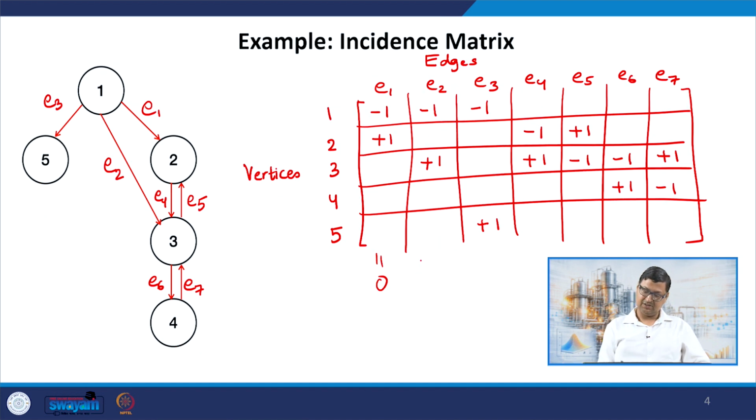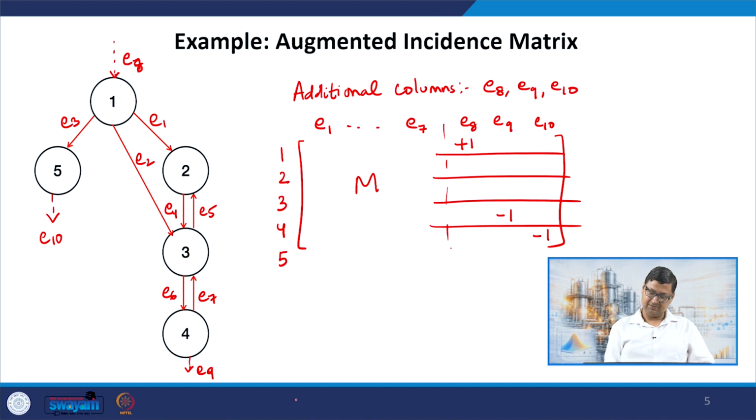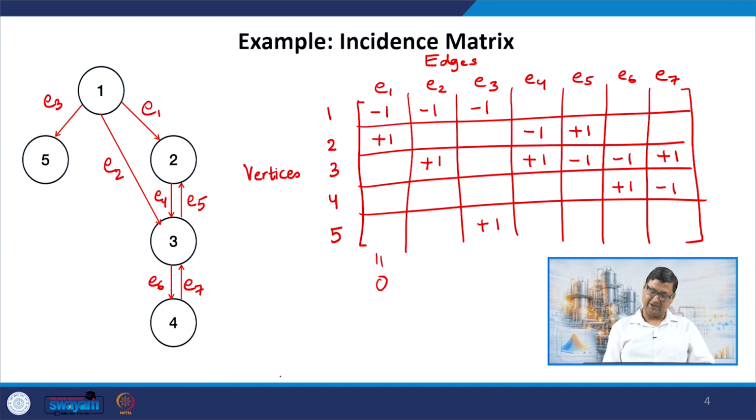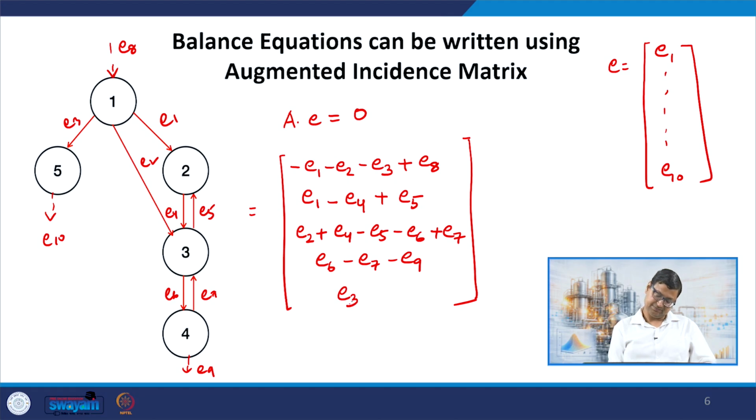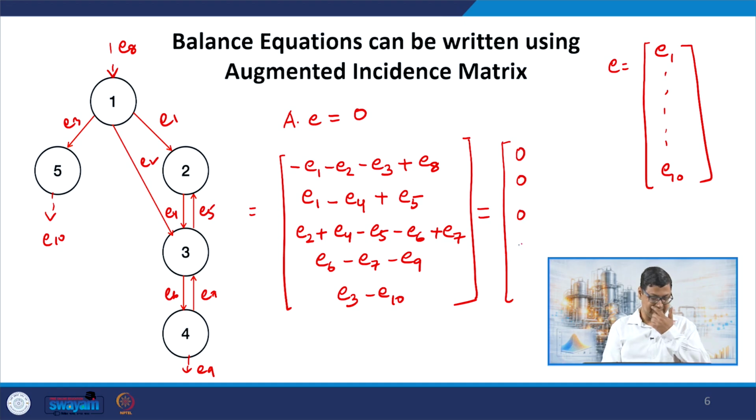And for the last one, we have E3, and then in the augmented matrix, we have minus 1 here, E10. So E3 minus E10, and that set equal to 0 pretty much gives me the balance equation for this case, right?